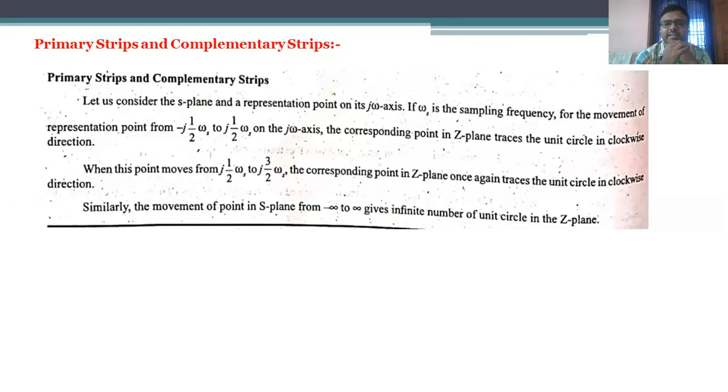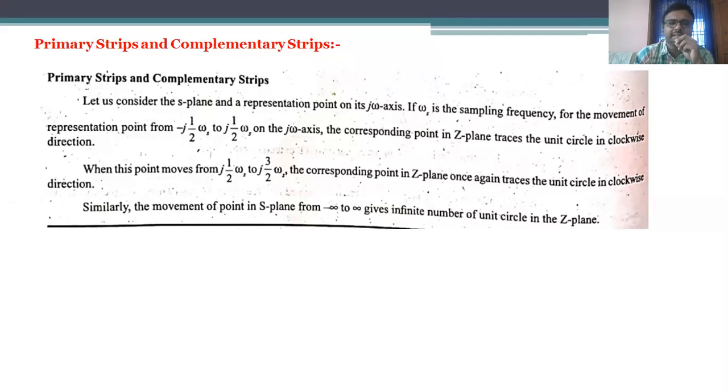Similarly, if that particular pole moves from the region from omega s divided by 2 to 3 by 2 j omega s divided by 2, again the interior portion of the unit circle of the z-plane is going to be occupied in the clockwise direction.